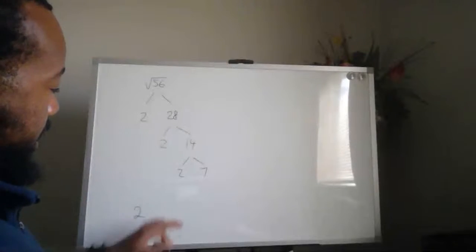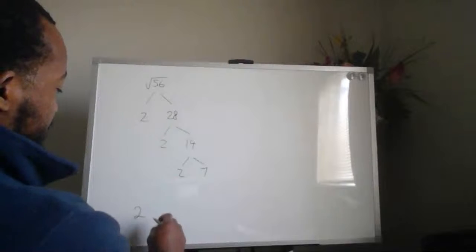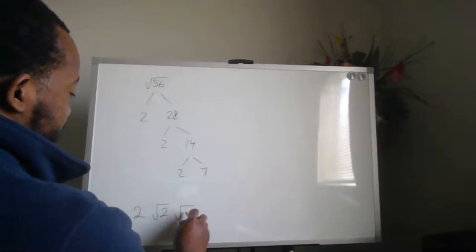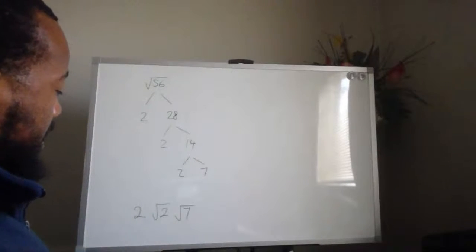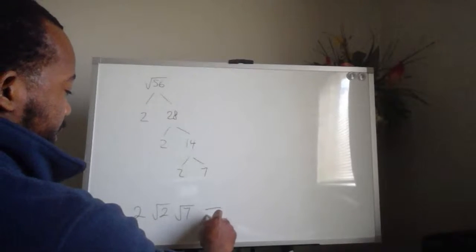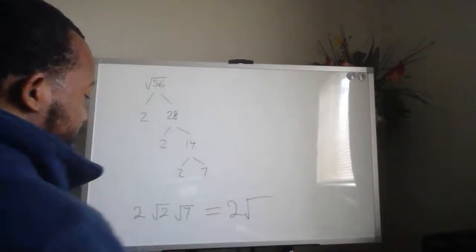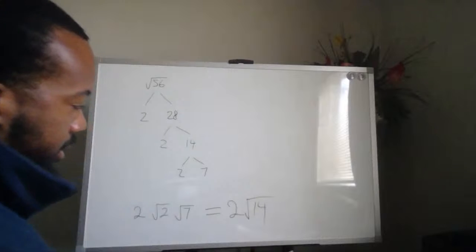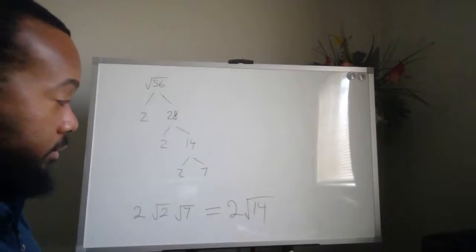And then I'm left with 2 and 7, but I'm going to write these with the square root symbols. And because this is all being multiplied, I can simplify this and just write 2 and write the square root once. 2 times 7 is 14. So your final answer is 2 square root 14.